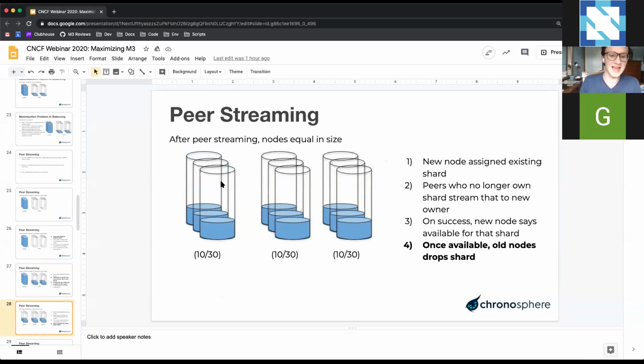But as the new nodes are fully claiming those shards, then the reads would be directed to them instead of the original nodes.